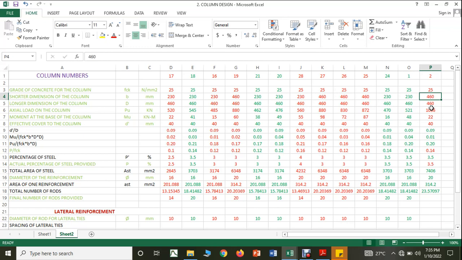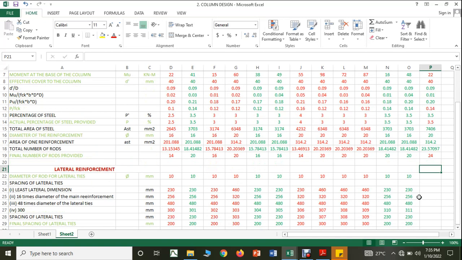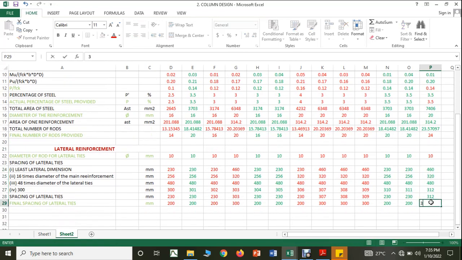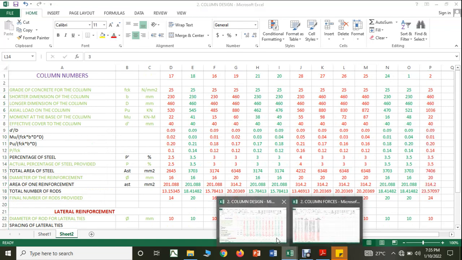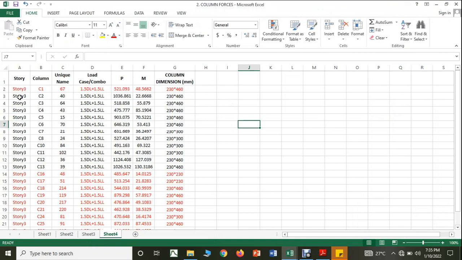Let us keep 24 bars and 10 mm stirrups so that we can change it later. I'm going to maintain 300 mm center to center. This we are supposed to change, so let us make it red.